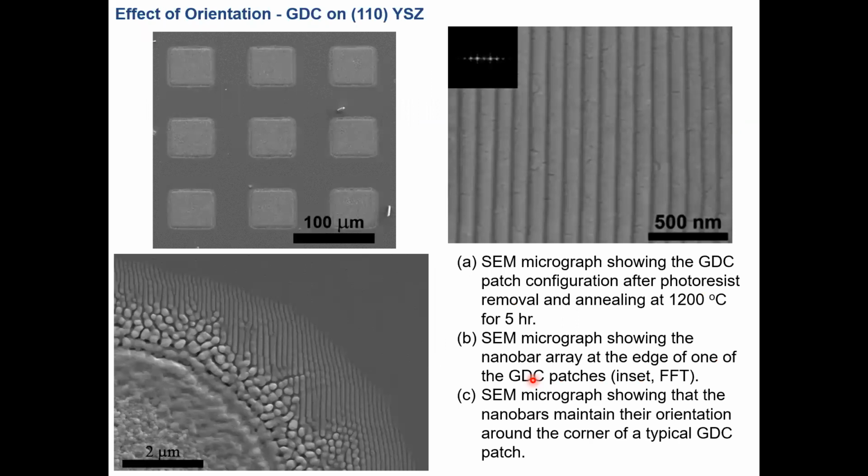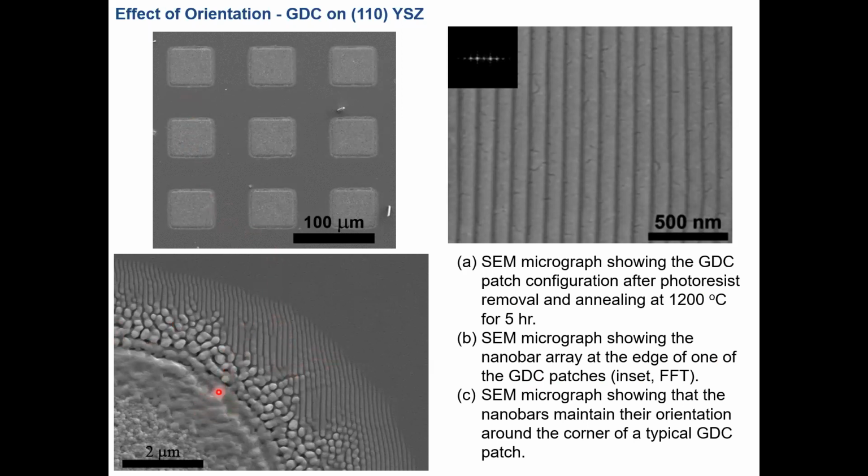Then we looked at the effect of changing the orientation of the single crystal. So far we have been working on 001 YSZ. What if we take 110? Again, we take a 110 substrate and put the source material in lithographic patches, or we can put it in powder form.